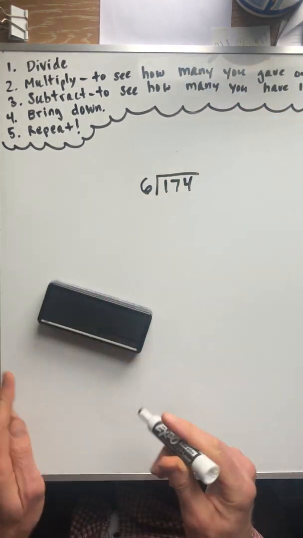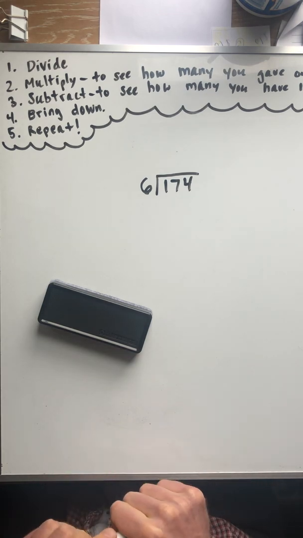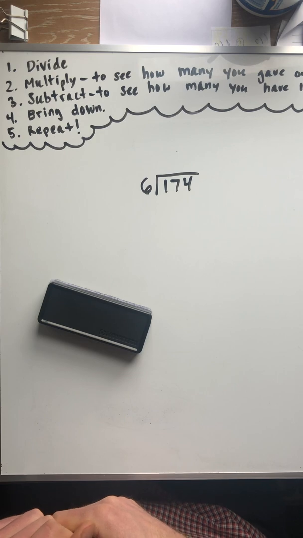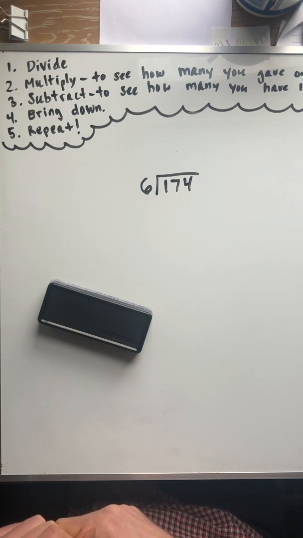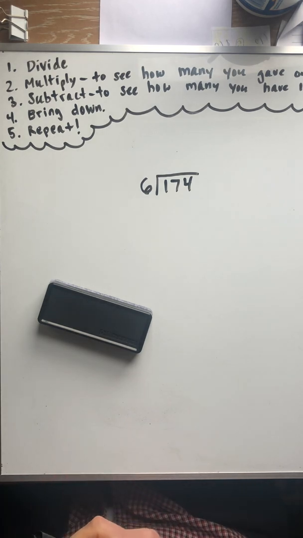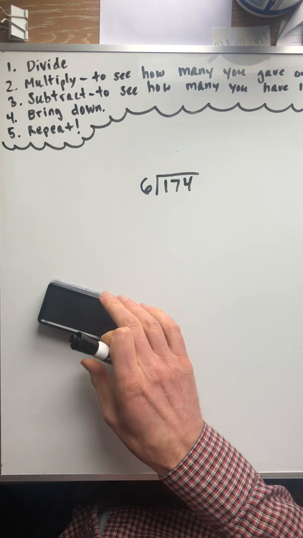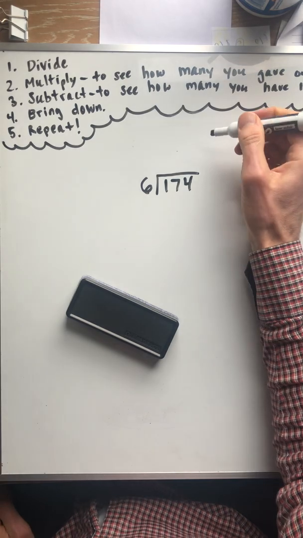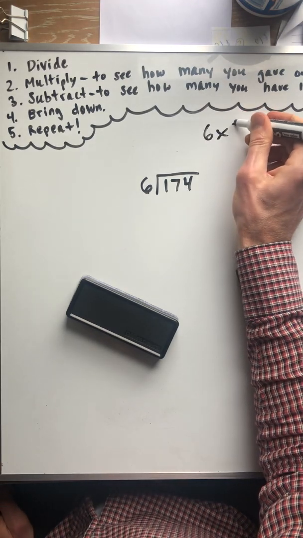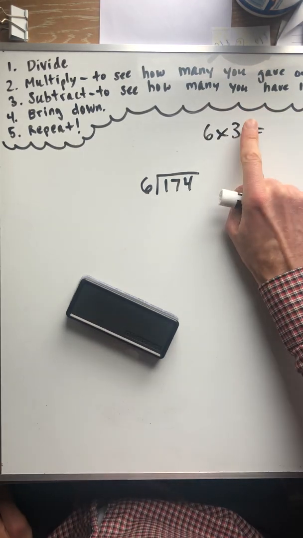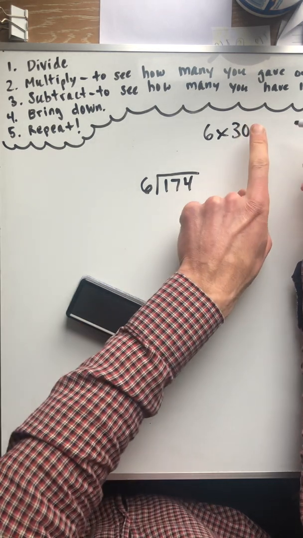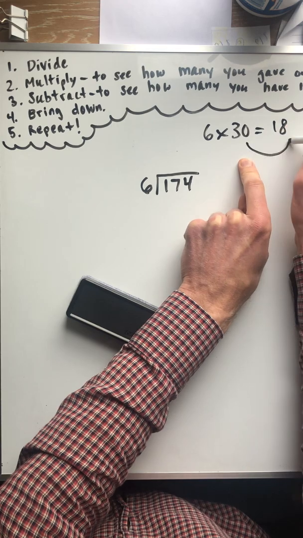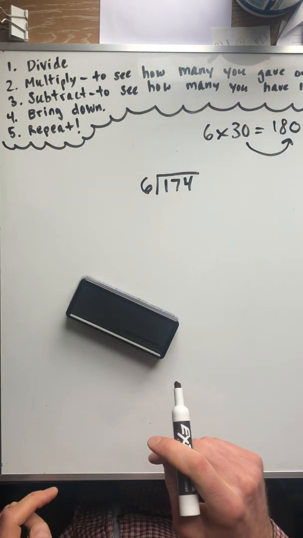Well, I know 6 times 10 is 60. So that means 6 times 20 is 120. So it's going to be at least 20. Let's try 6 times 30, just to get an estimate. 6 times 3 is 18, and then add the 0 over here: 180.